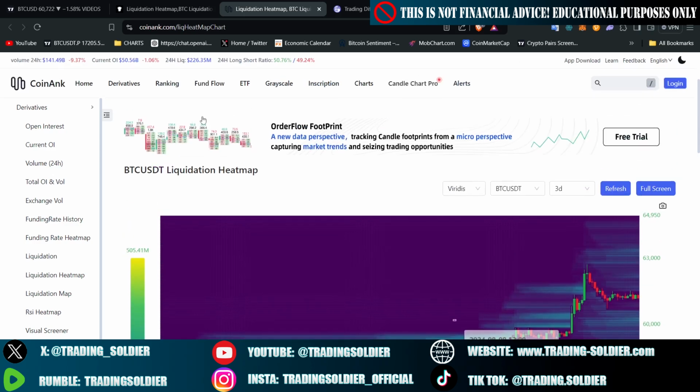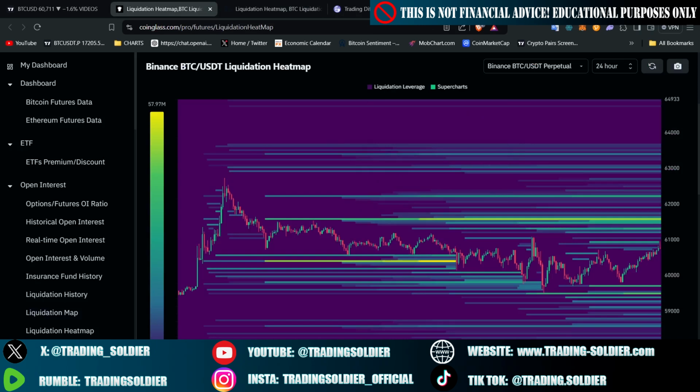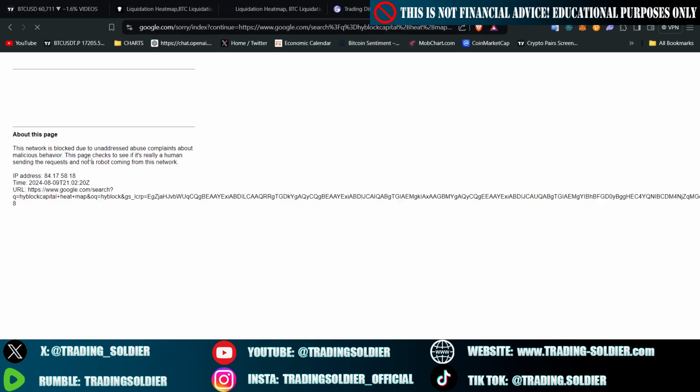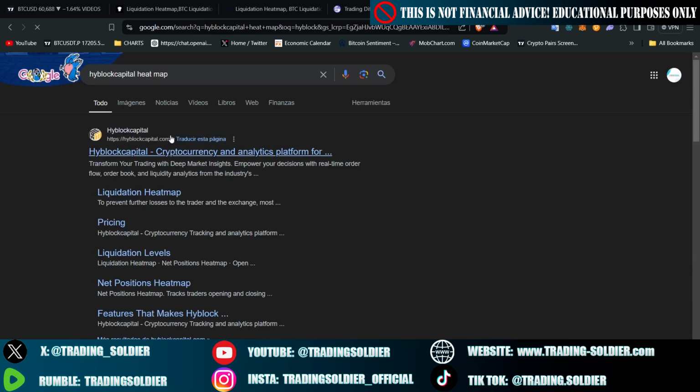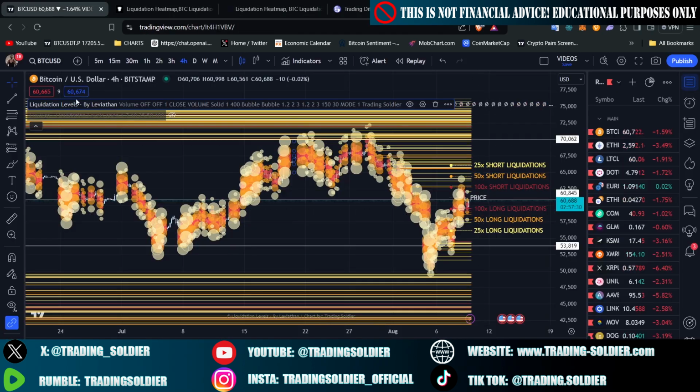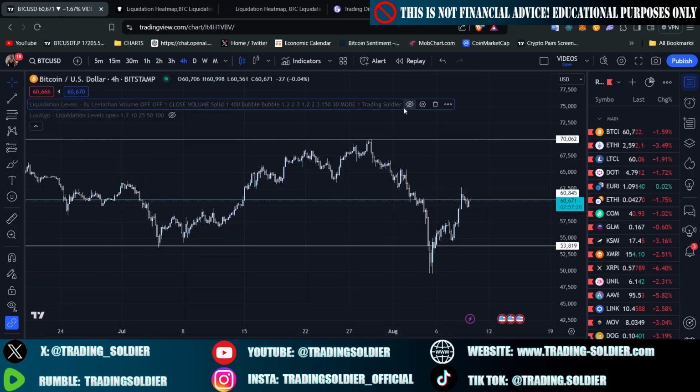And also there are platforms, another one called Hyblock, that sell these heat maps, and they cost money. They sell these services, but you can use just a simple TradingView chart without any indicator and do the same thing they are doing for free, just with your knowledge and knowing how to read price action and identify support and resistance, supply and demand areas.